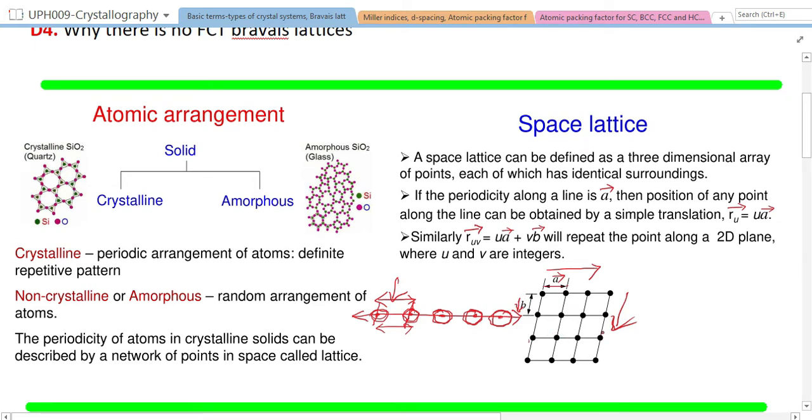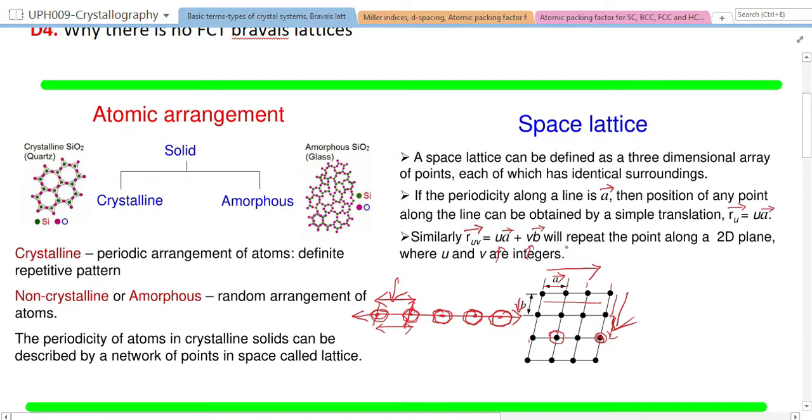If you want to put an atom in a particular lattice point, what you have to do is move some integer number of times along A. So it's like 1, 2, 3 times along the A direction, and then 2 times along the B direction, and that's where you go. That's how any point on this lattice can be identified by a corresponding vector, and this vector would be the sum of A and B with this U and V: U times along A, V times along B, right?